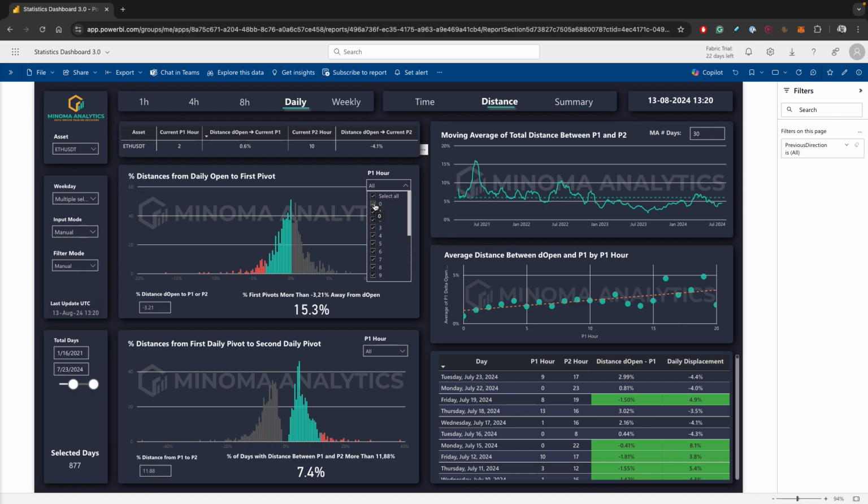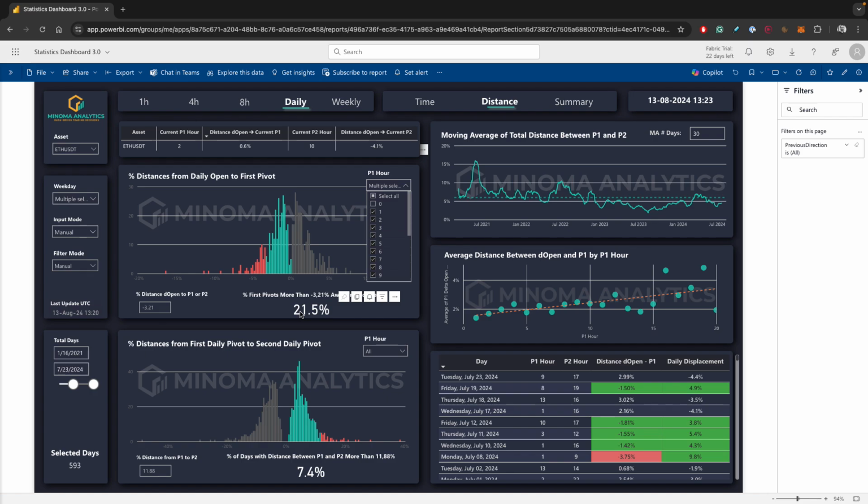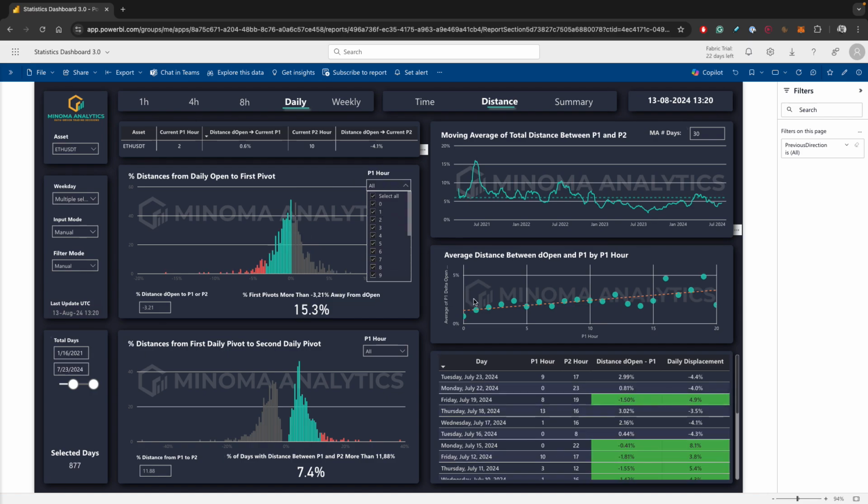So you can already see if you delete hour 0 that this will probably change quite a bit. You can see it already goes to 21%. That's because hour 0 by itself is the most different from all the others. Like these right here, I know they're high up, but you have to understand that P1 hour 16 doesn't happen a lot, right?